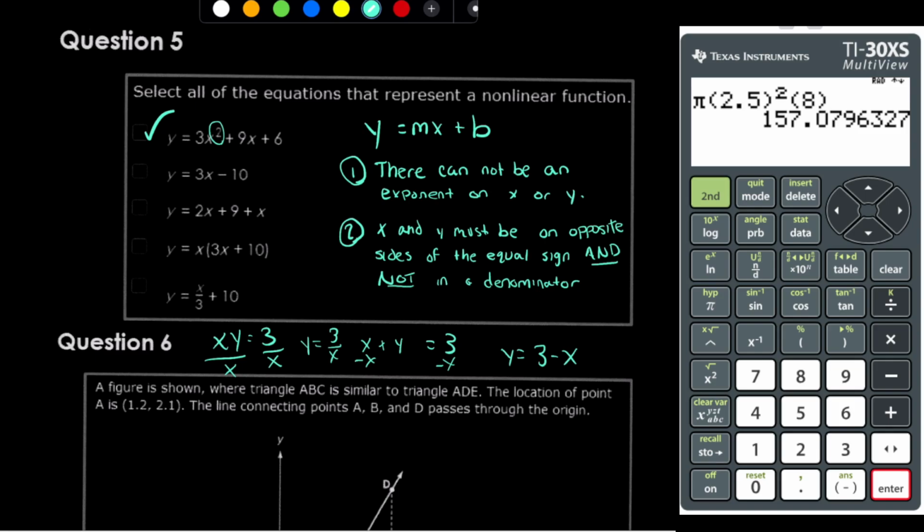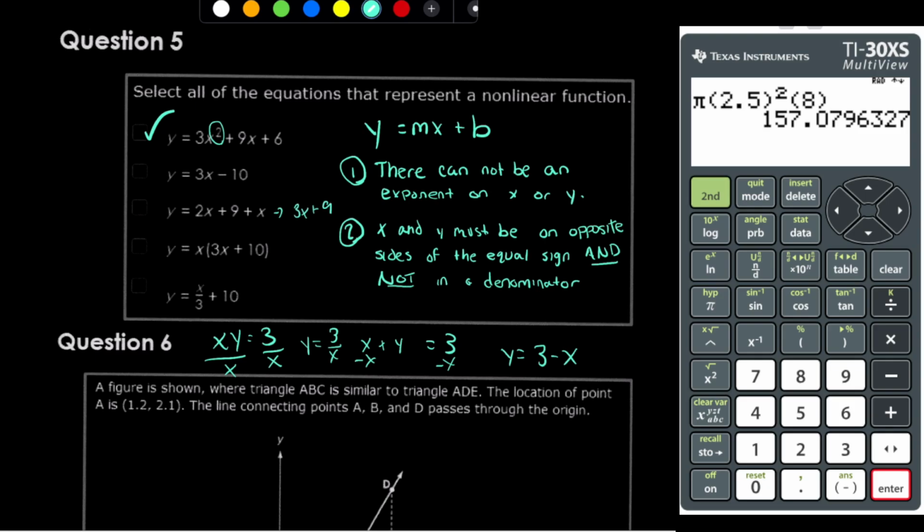We don't check it. 3, y equals 2x plus 9 plus x. So that doesn't look like a linear function because we have two x's. However, this is just combining like terms. Remember, when you combine like terms, you're only adding or subtracting. Okay, so this 2x plus x would become 3x plus 9.